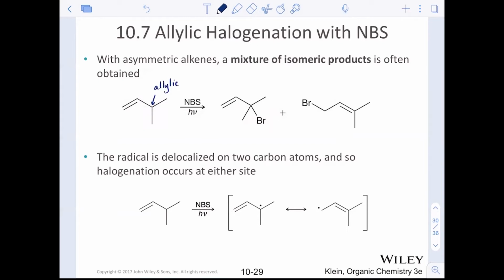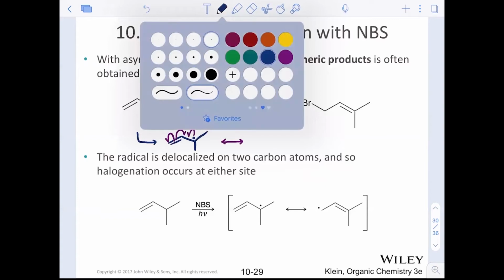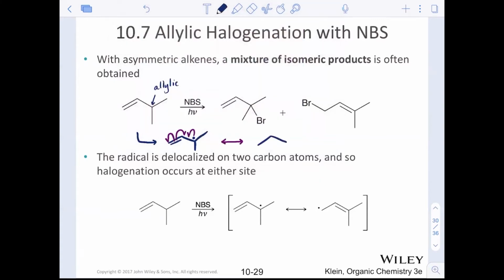However, when we imagine that that first radical is formed from the hydrogen abstraction, we know that there is resonance stabilizing that allylic position. And so what we have to be able to draw is both radicals to show the multiple products that could be formed.